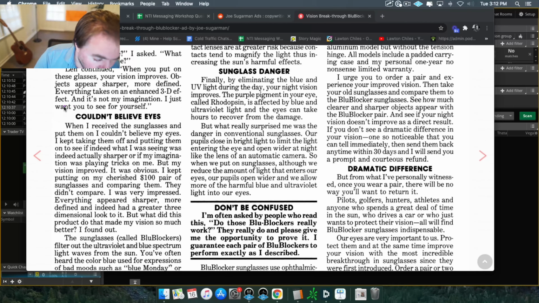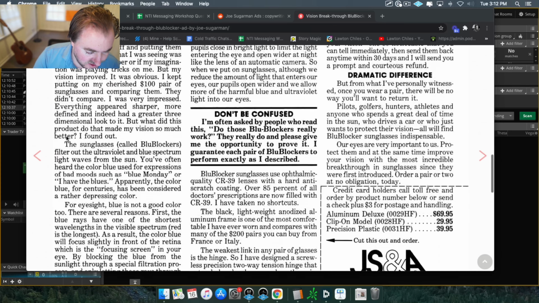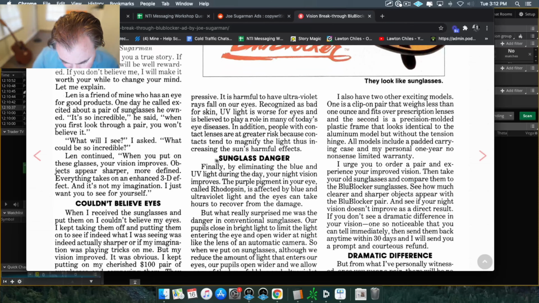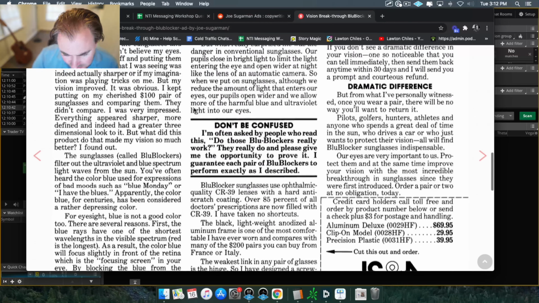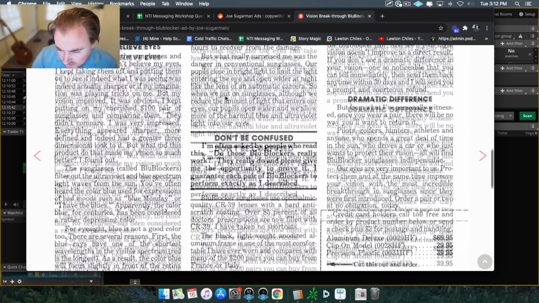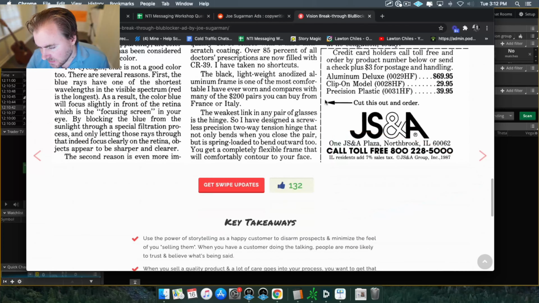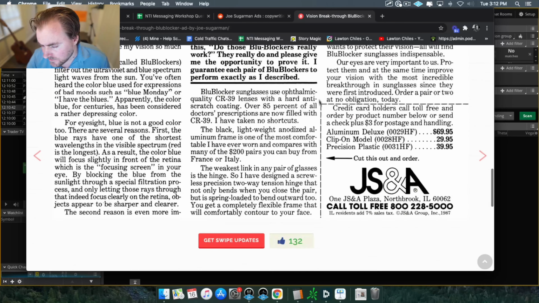So, "Couldn't believe my eyes." That's a subhead. It breaks up the monotony of this long form copy. Another subhead is "Sunglasses danger," and then kind of a more pattern interrupt or stopping point here, and then there is a final call to action, right? Go send a check or send a money order or do something, right?